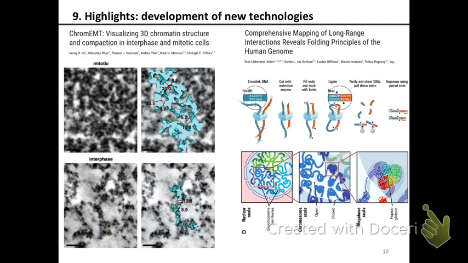So these are the other types of technologies that enable us to make models of how chromosomes in interphase are organized and packaged into the genome. All right, so that's the highlights.